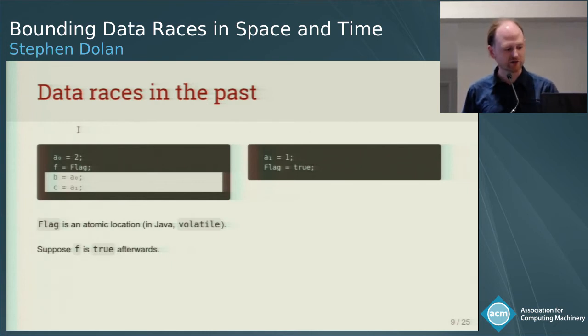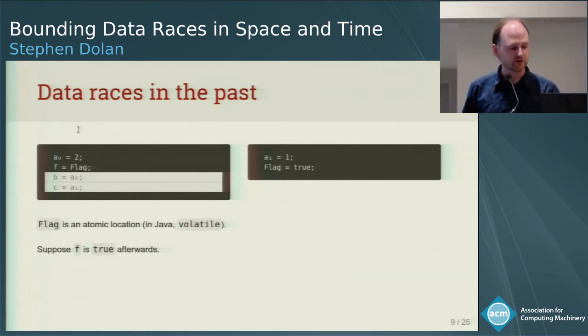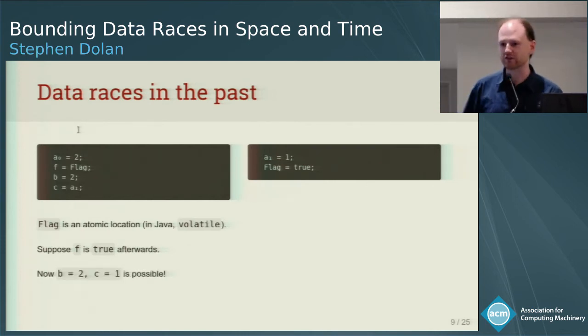The compiler spots that a0, the one written to on the left, is going to be 2, so it forwards the store and replaces the b equals a0 line with b equals 2, but it doesn't manage to do that for the second line because it doesn't know that a0 and a1 are the same thing. So c ends up reading from the other side. So after this optimization applies, we can see this outcome where b equals 2 and c equals 1.